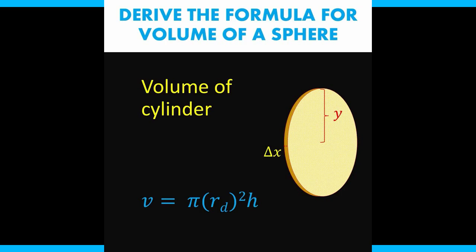And our height is this delta x, or the thickness of our cylinder. But in our notation, the radius of the disc is denoted as y. And the height of our cylinder is equivalent to our delta x, which is the thickness of the cylinder.